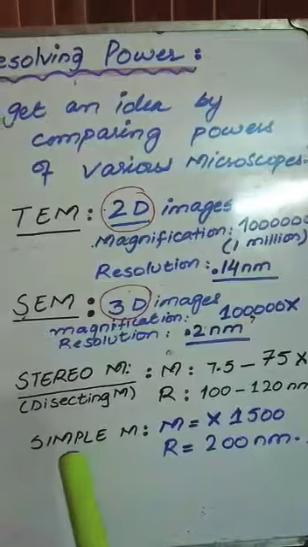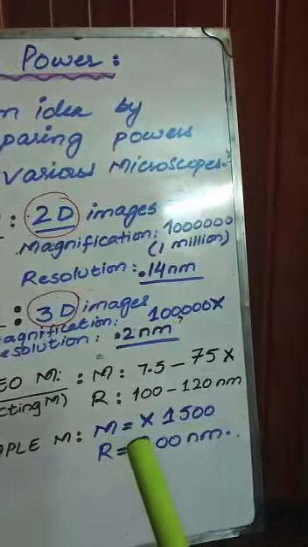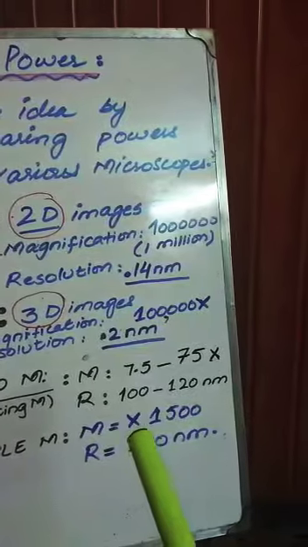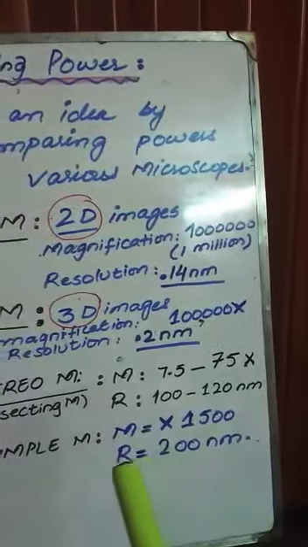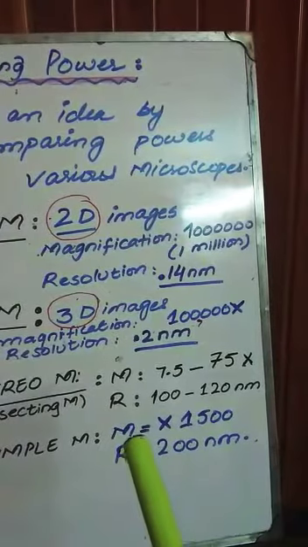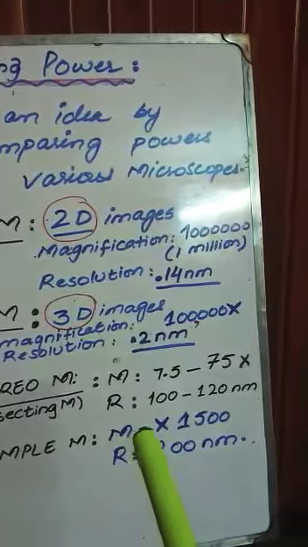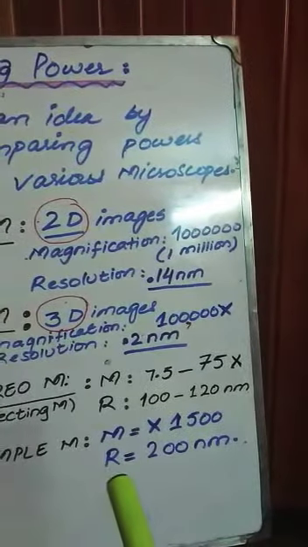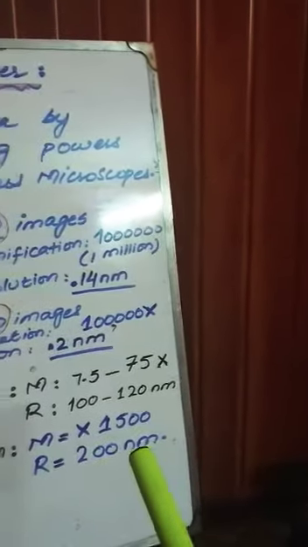And the last one is the simple microscope. The simple microscope's maximum magnification power is 1500 times and its resolution power is 200 nanometer.